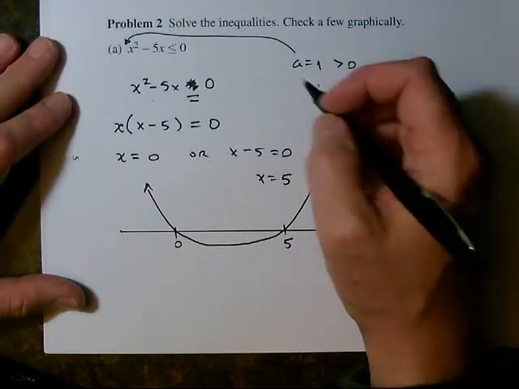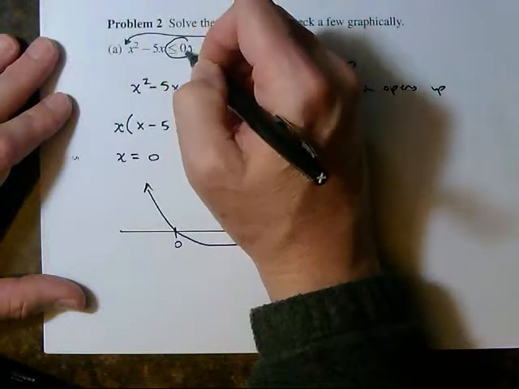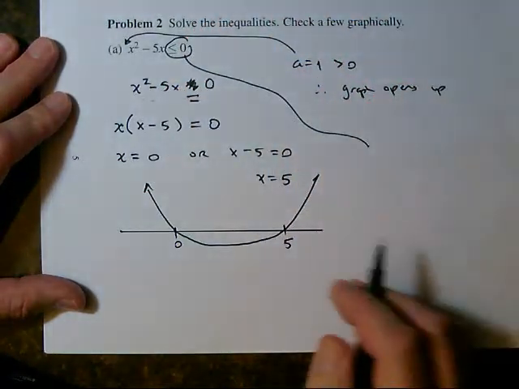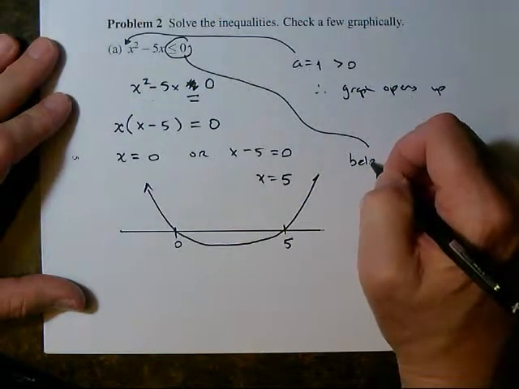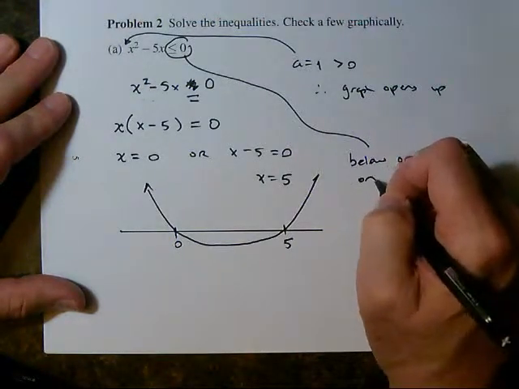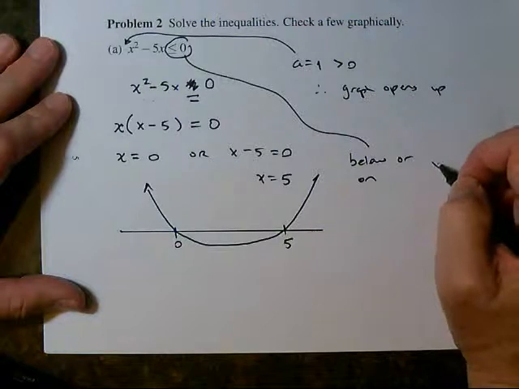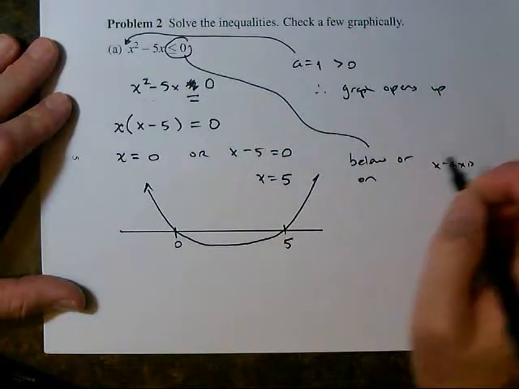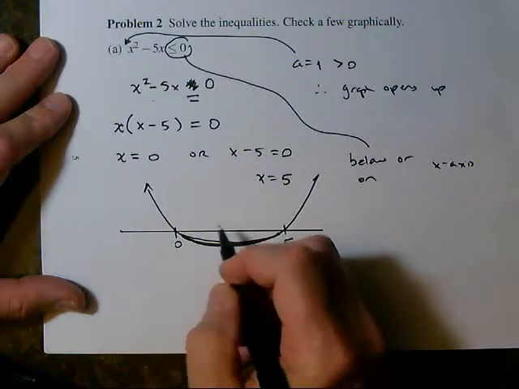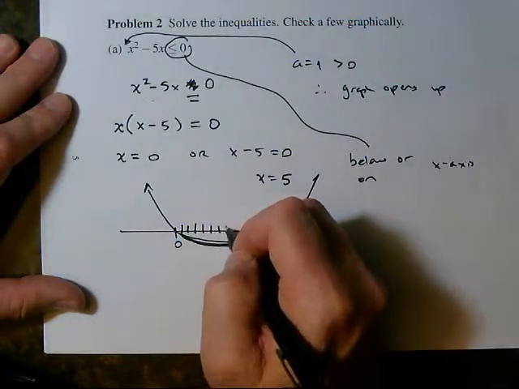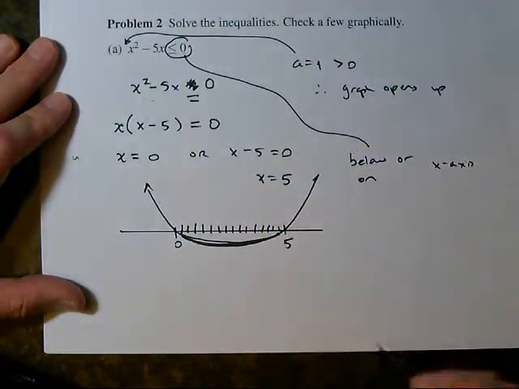Now, the inequality says less than or equal to 0. That means below or on the x-axis. Well, this is the graph which is below or on the x-axis. And these are the x's that make it happen. Remember, your solution will be the values of x.